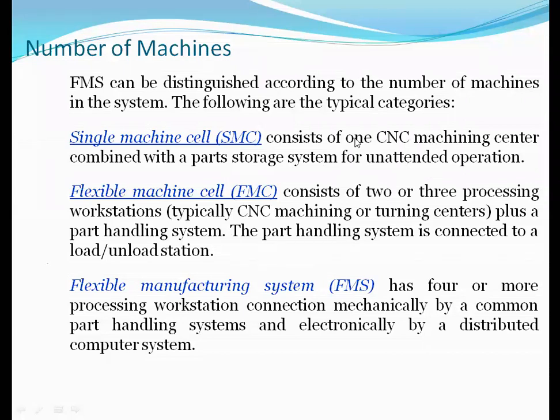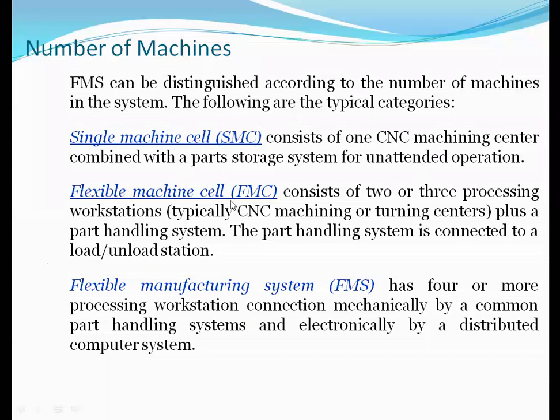Usually when you talk about the machine in FMS, it will be a CNC machine. Please remember this. It will have only one machining center, and the unmachined parts can be stored there only. That is called a single machine cell.